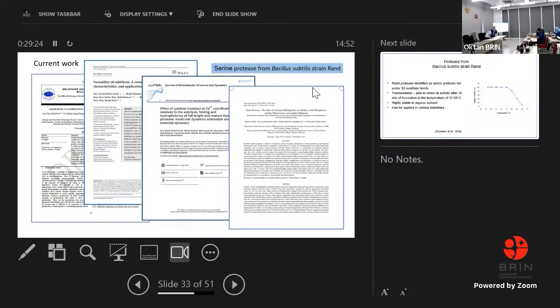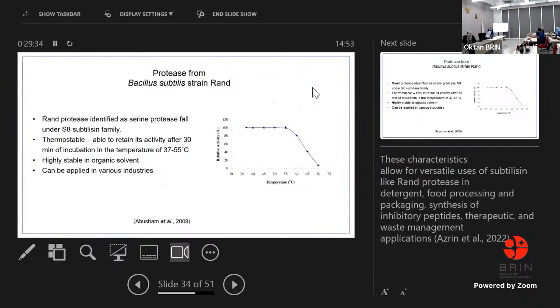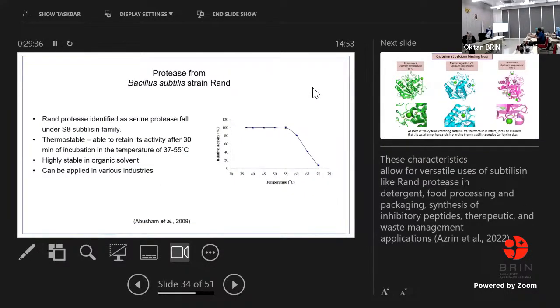The next one is the current work related to the serine proteases, mostly dealing with the computational approach. It concerns the protease isolated from Bacillus subtilis strain RAN. RAN protease is identified as a serine protease that falls under the S8 subtilisin family.